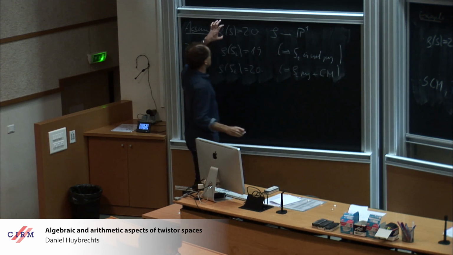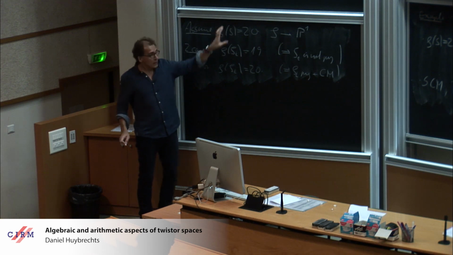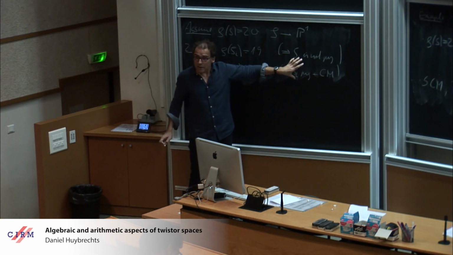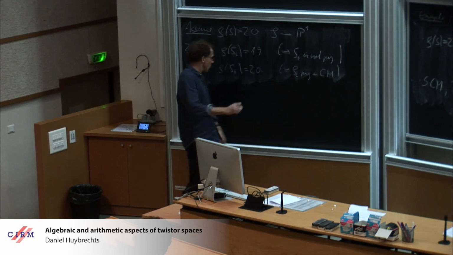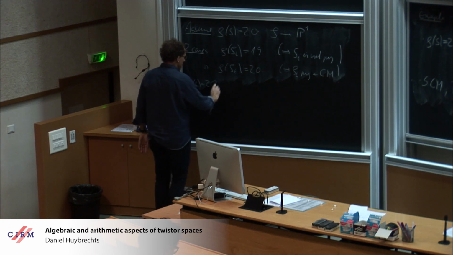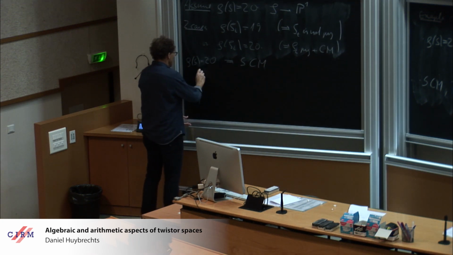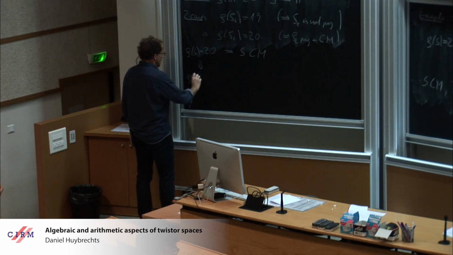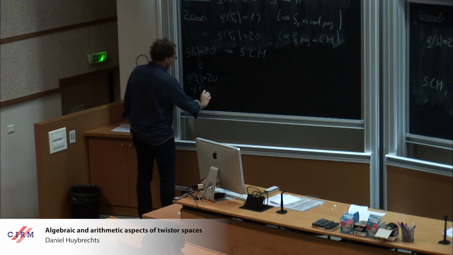So what we have in this case, we start with a CM K3 surface, because it's Picard rank 20, and the outcome is also, again, as soon as it is algebraic, a K3 surface with complex multiplication. So rho S equals 20. This implies S is CM. This implies rho S_t is 20 if S_t is algebraic.